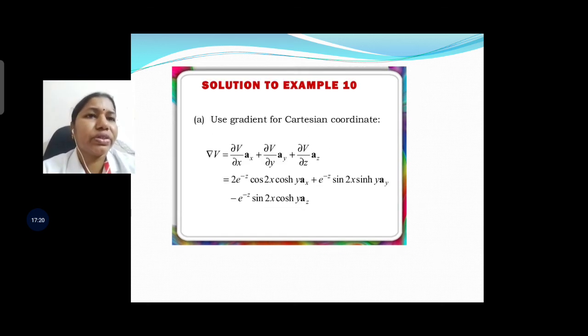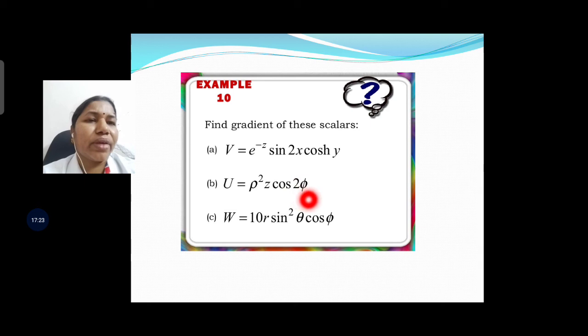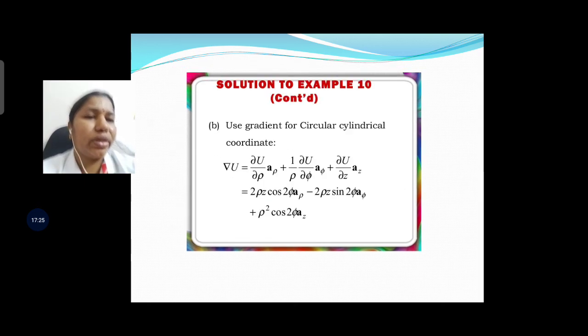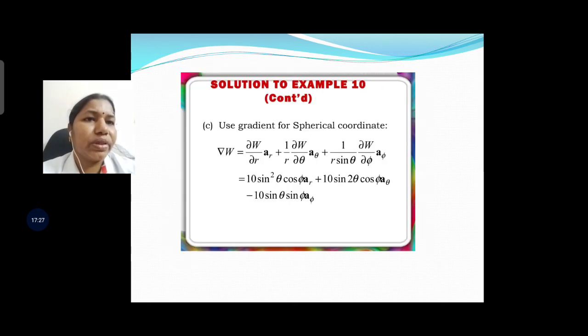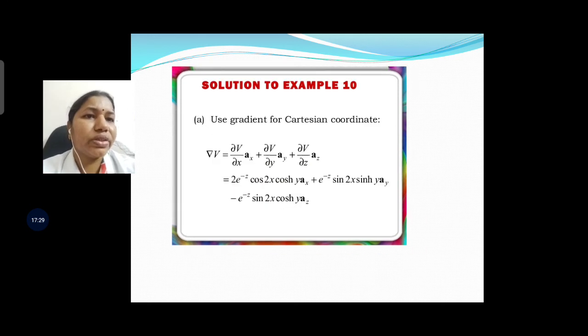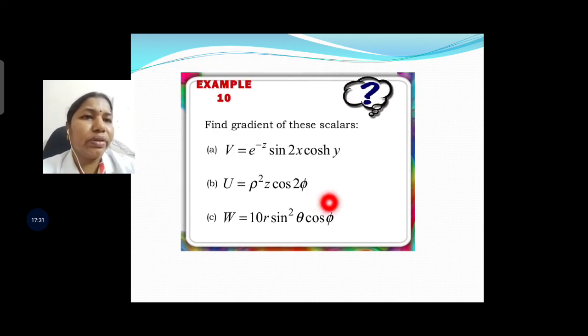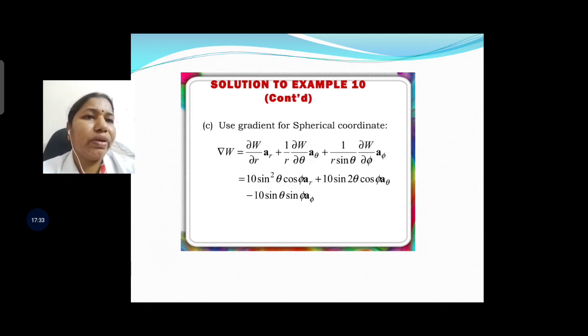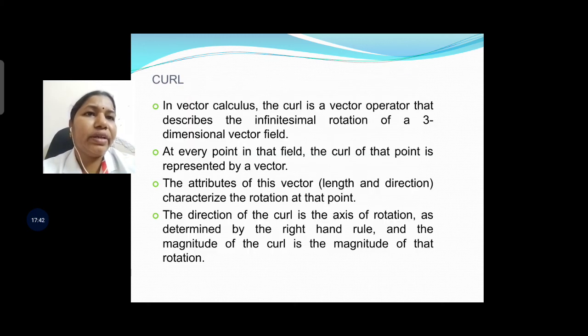So differentiate the third equation by phi. 10 r sin square theta, differentiate with respect to phi. So cos phi will be written as minus sin phi. So this is for gradient.